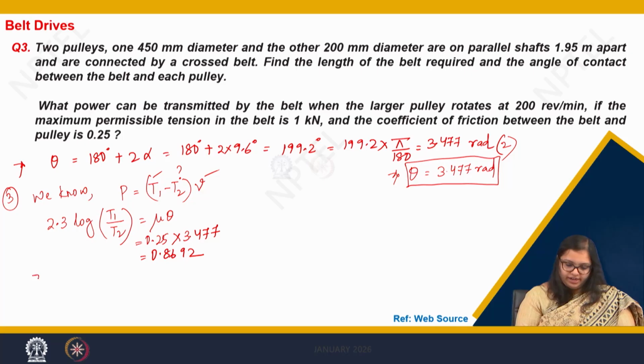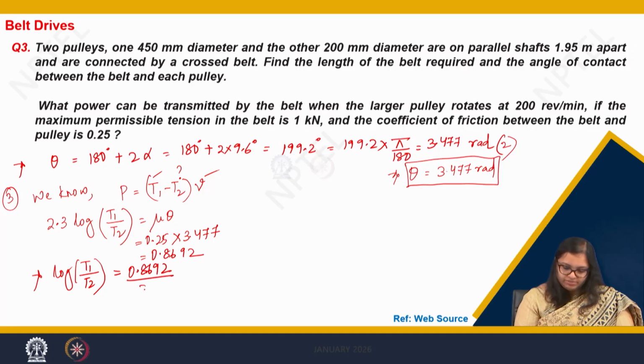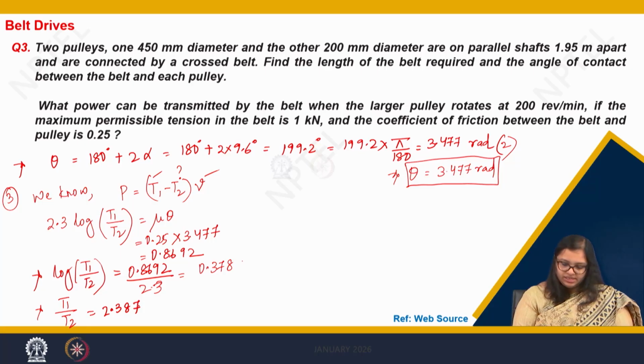So if I find log T1 by T2, it is equal to 0.8692 divided by 2.3, which is equal to 0.378, and T1 by T2, if I take the exponent of 0.378, is 2.387.